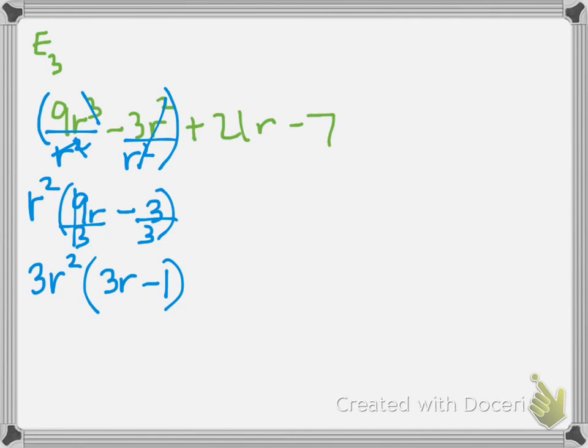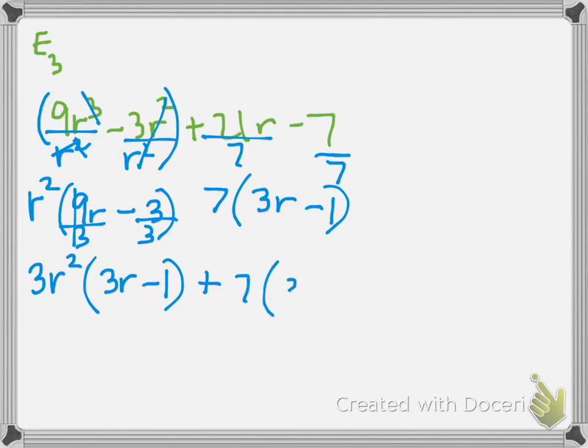Okay, over here I can take a 7 out. If I take the 7 out, I'm left with 3r minus 1. So here's how my answer looks right now.